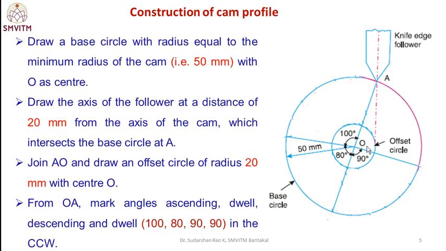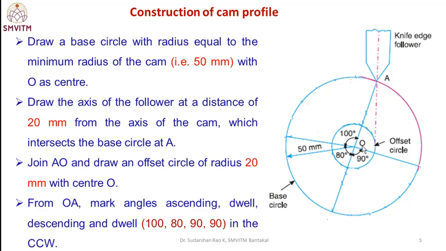Draw the axis of the follower at a distance of 15 mm from the axis of the cam, which intersects the base circle at point A. Then join AO and draw an offset circle of radius 15 mm from the center O. Next, from OA, mark the angles: ascending 100 degrees, then dwell 80 degrees, then 90 degrees descending, and the remaining 90 degrees dwell, in the anti-clockwise direction.